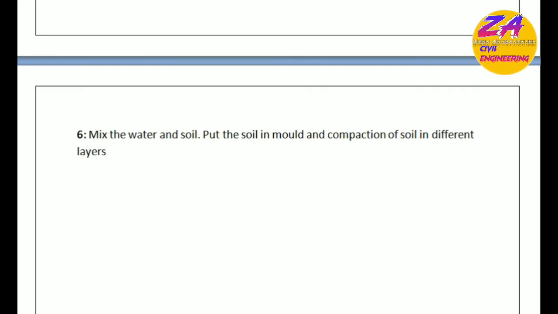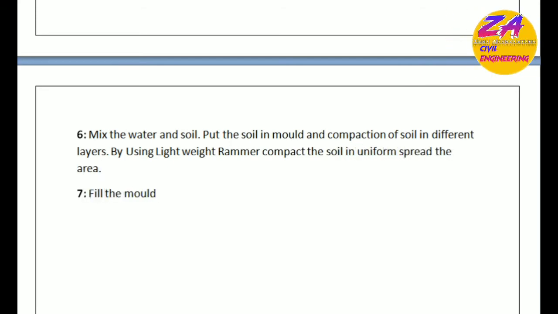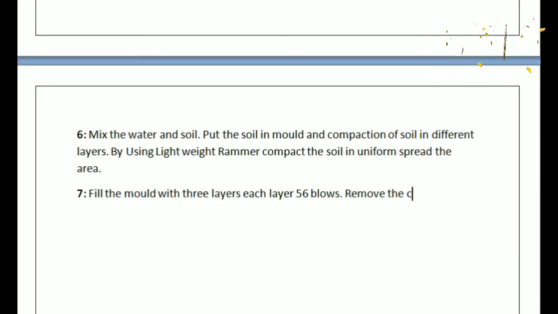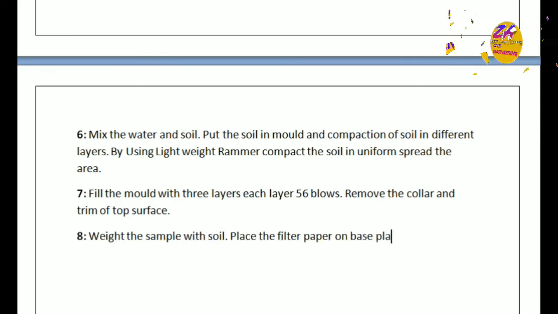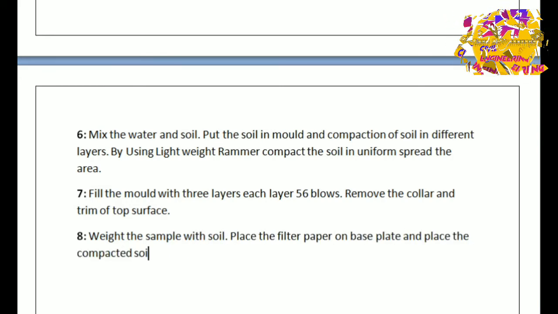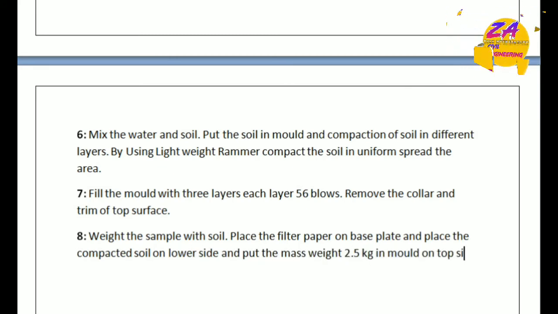By using the lightweight rammer, compact the soil uniformly over the spread area. Fill the mold with 3 layers, each layer 56 blows. Remove the collar and trim the top surface. Weigh the sample with soil. Place the filter paper on the base plate and place the compacted soil on the lower side, and put the surcharge weight of 2.5 kg in the mold on the top side.